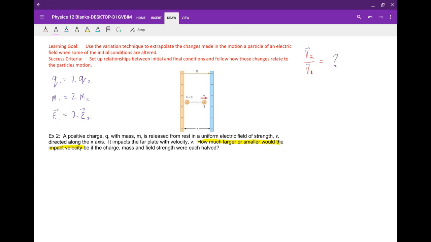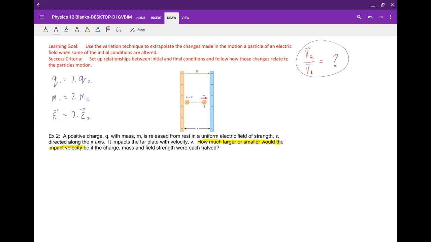Now I want to think about how I'm going to figure out the velocity with which the particle hits that other side.